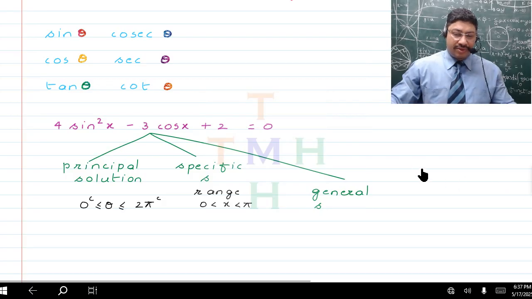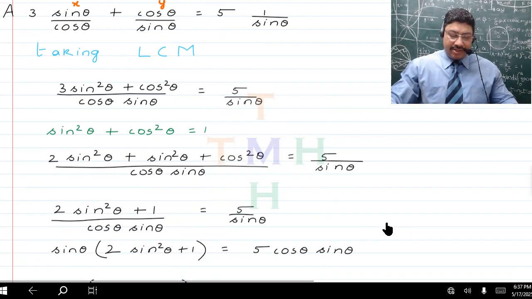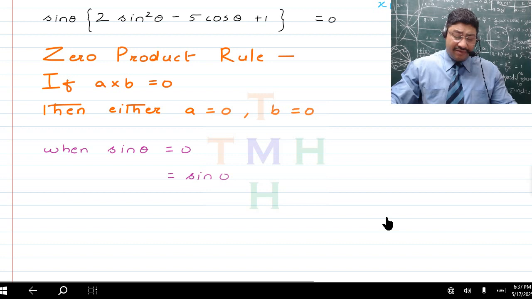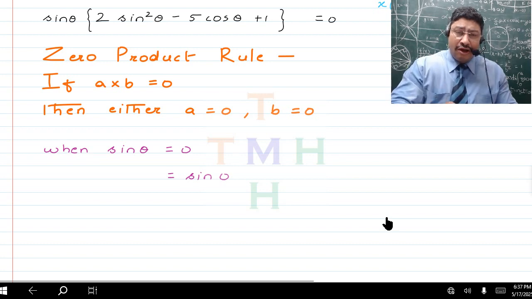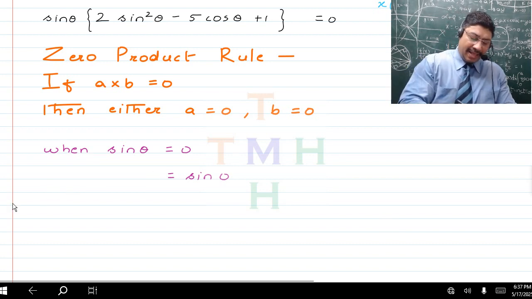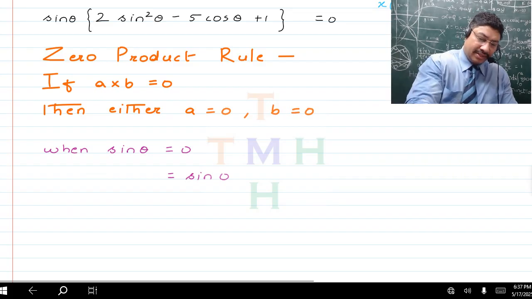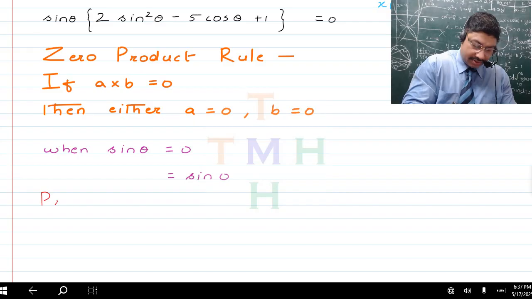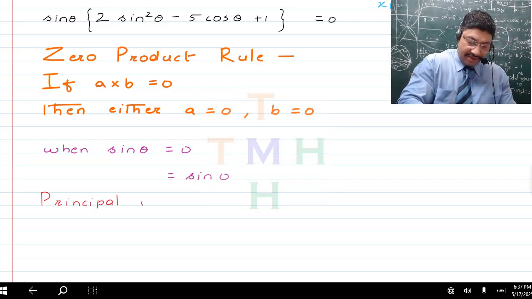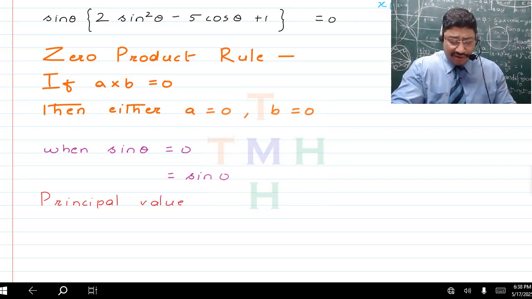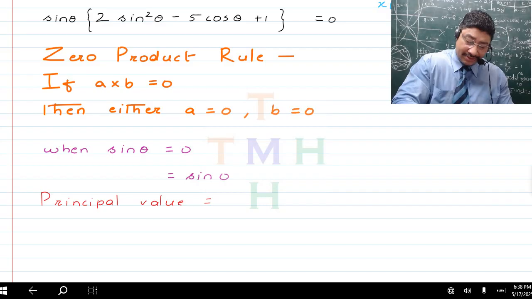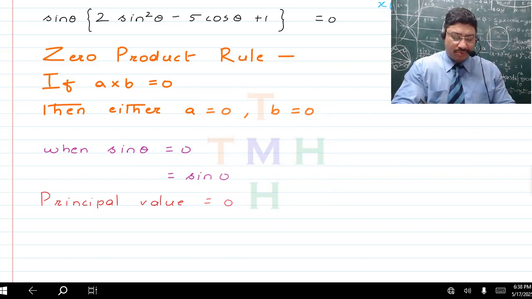Here, children, you get to see that we have got a principal value for sine. The principal value, one of the values of the angle theta, is 0 radians, right? That is what we can say.